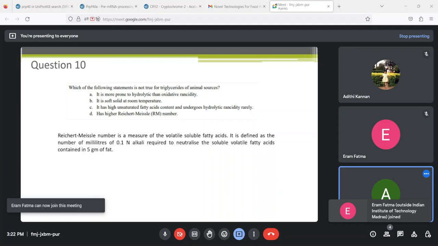So any clue what a triglyceride is? This has been discussed in the last lecture of week 6, the different kinds of lipids that are involved. So any clue what a triglyceride is?